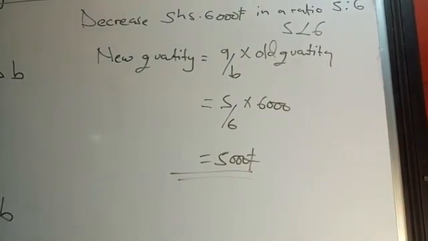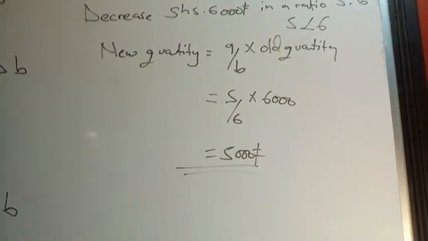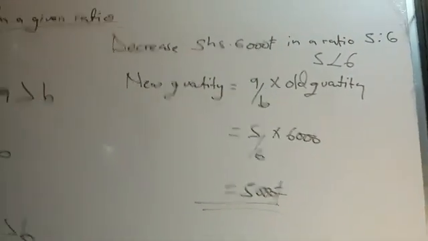So that is the decrease of 6,000 shillings.